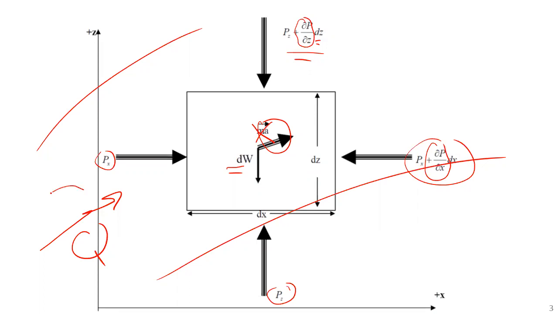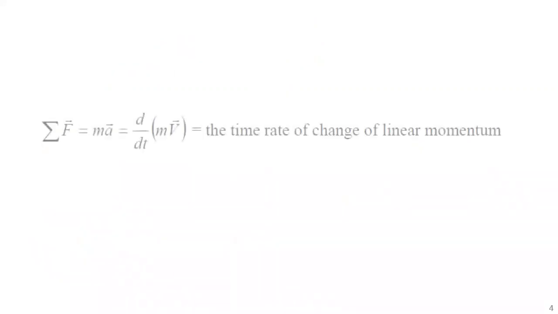But now because of the fact that we have velocity or kinetic energy, that's going to affect these pressure gradients, as you will see. So we start with Newton's second law, and that is that the sum of the forces in any direction is mass times acceleration.